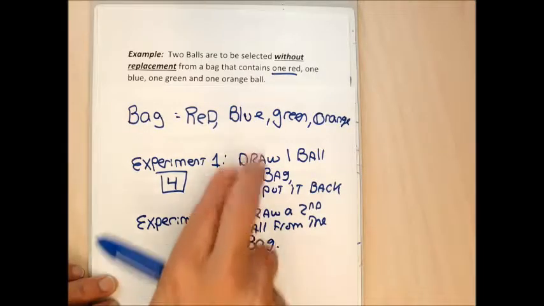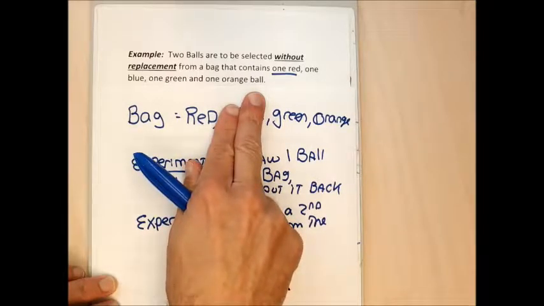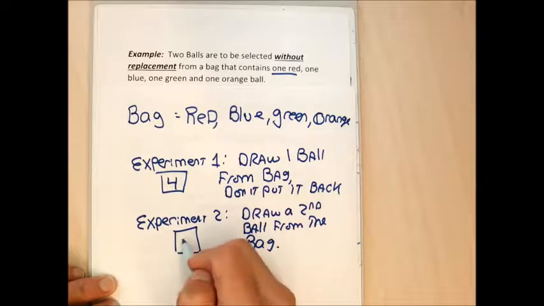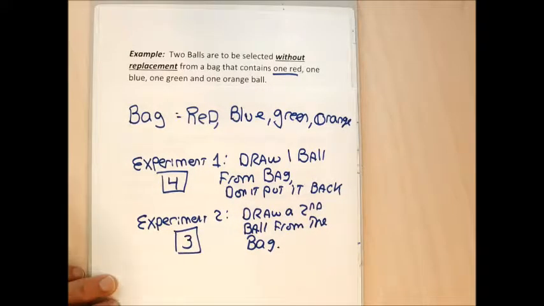I don't know which ball has been taken out on the first experiment, but I do know if I take 1 ball from a bag that has 4 balls, there's only 3 possible outcomes from experiment 2. I could get any of the 3 balls that are remaining.